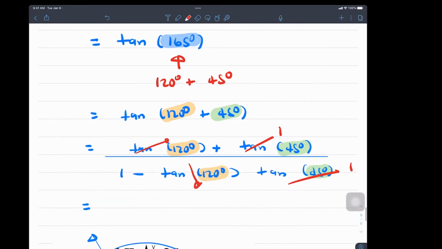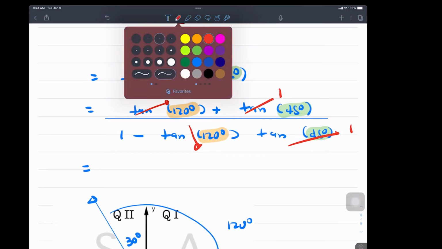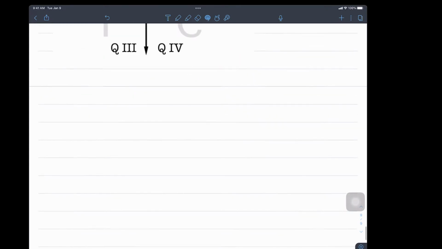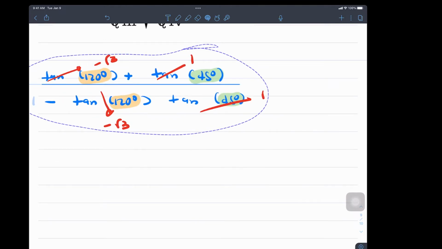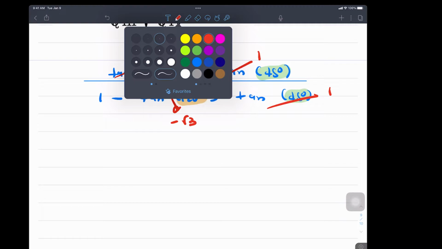So if we go back here, this is now minus square root of 3. This is minus square root of 3. And ladies and gents, there we go. So let's see what we get now.